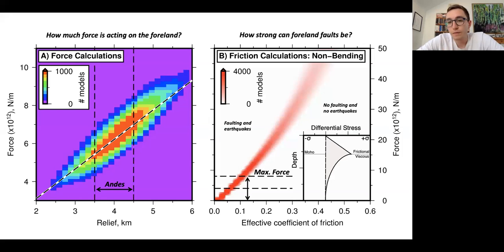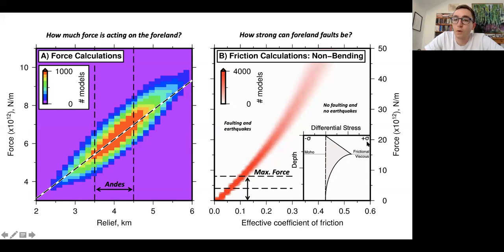So the second part of these calculations is to work out how weak faults must be in order to be slipping in earthquakes in response to those forces. This is what's shown here. This red swath outlines a density plot of a range of different models in which we perturb a range of different values, like the depth of the brittle-ductile transition, etc. What we're looking at on the x-axis is the effective coefficient of friction on faults within the seismogenic layer.